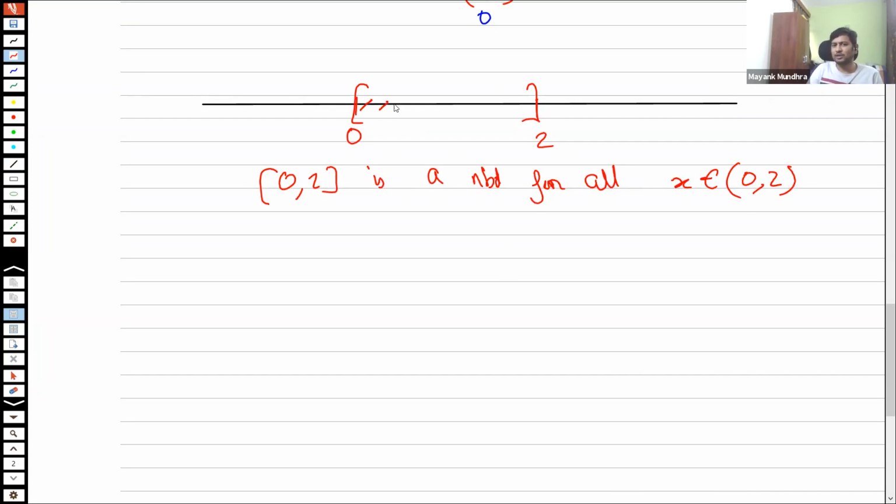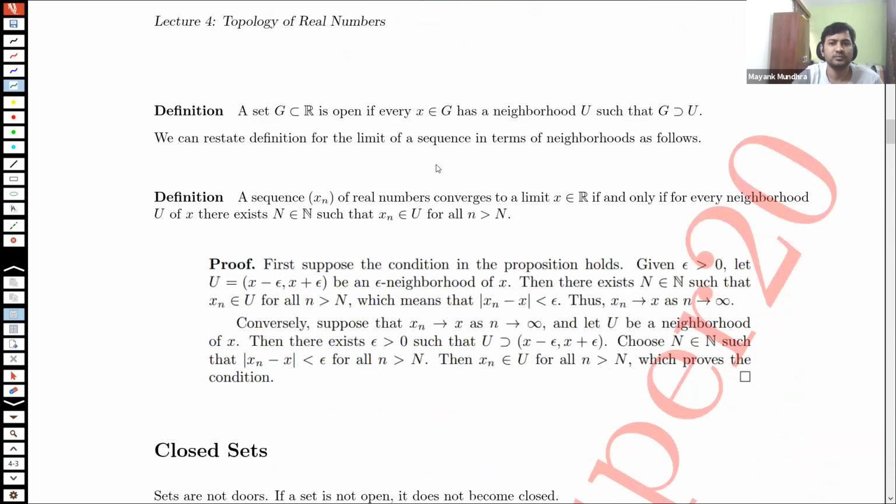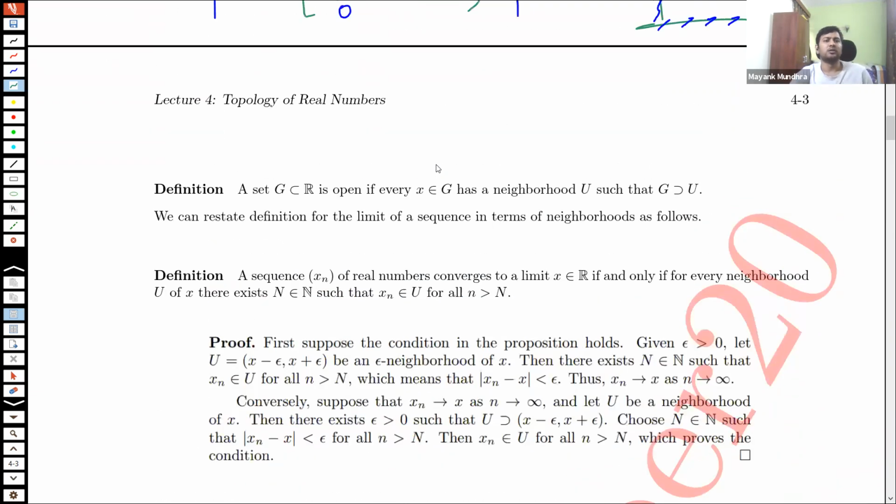For any other thing, it's not a neighborhood, for X equals to 2. Because if you consider X equals to 2, then it does not contain any X minus delta to X plus delta inside this. Okay, so it's not a neighborhood for X equals to 2.